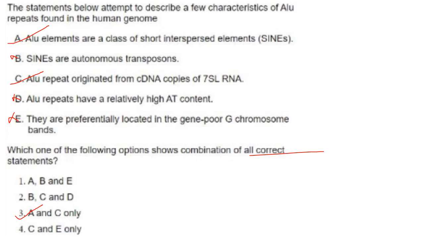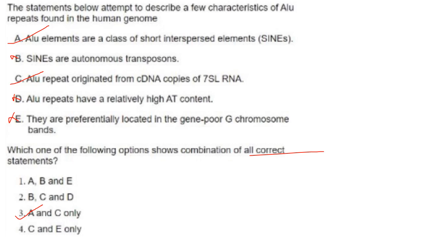They require LINEs for transposition, so that is wrong. ALU repeat originated from the cDNA copies of 7SL RNA. That is also correct. ALU repeats have relatively high AT content? It is not AT content, it is GC content they are rich in. So that statement is also not correct.